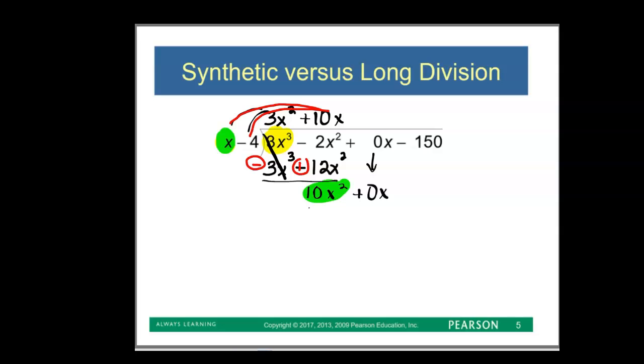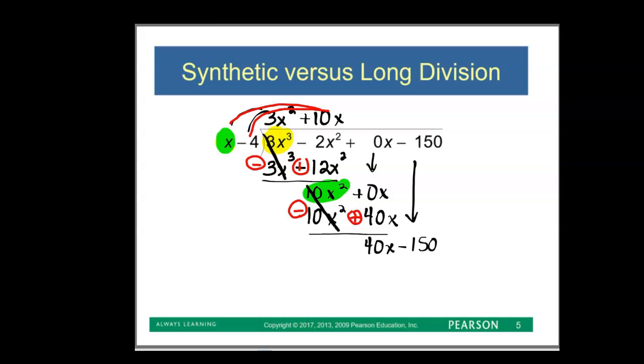So distributing, I have 10x squared minus 40x. Subtracting, I change the sign on every term of that second polynomial. Notice the quadratic terms subtract out, and I'm left with 40x. Now I bring down that negative 150, and the process starts over again.